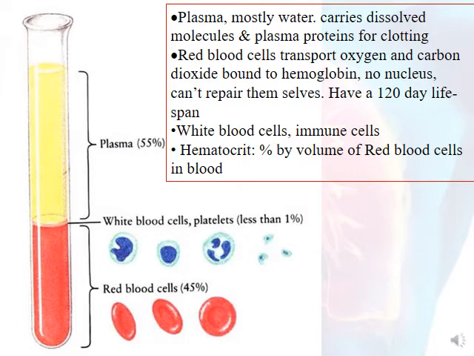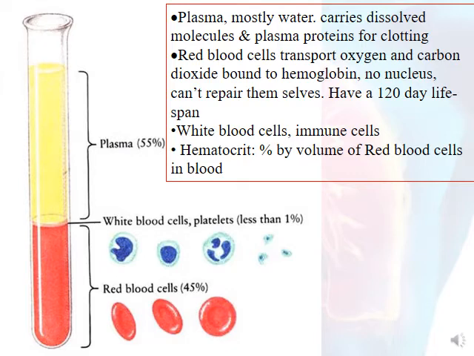So let's repeat. We have plasma proteins for clotting. It's important. It's called platelets. White blood cells and the platelets represent less than 1%. The RBCs, red blood cells, represent about 45%, and the plasma represents 55%.